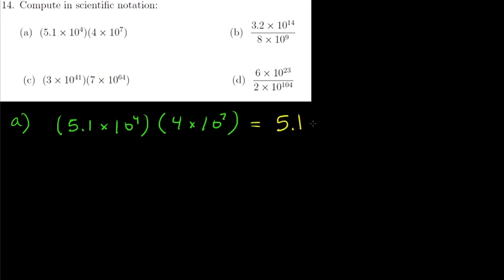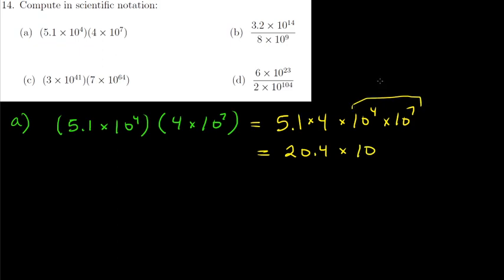You can do 5.1 times 4, right, times 10 to the 4 times 10 to the 7. So 5.1 times 4, right, is going to be 20.4. And then same rule of exponents here, right? This is going to be 10 to the power 4 plus 7. But 4 plus 7 is 11. So 20.4 times 10 to the 11.